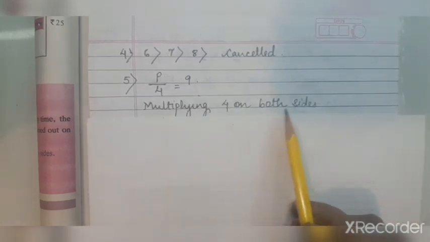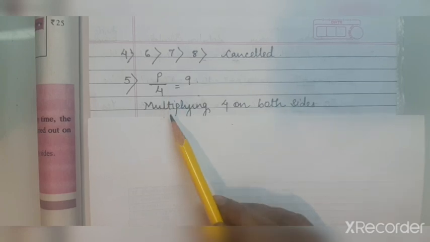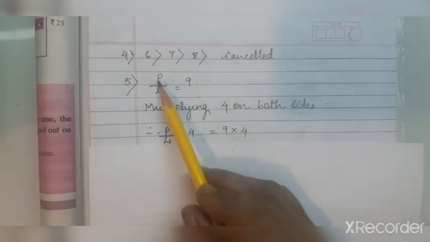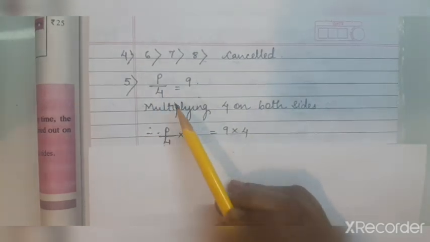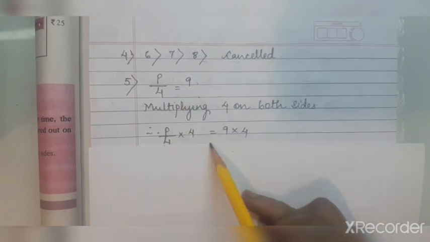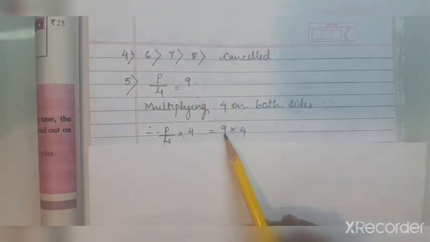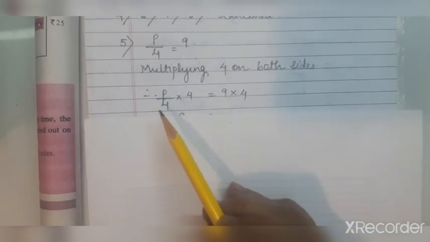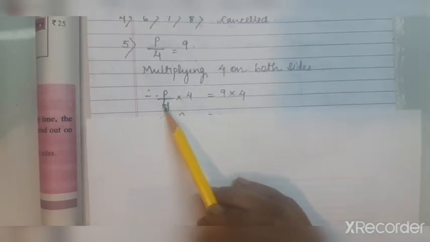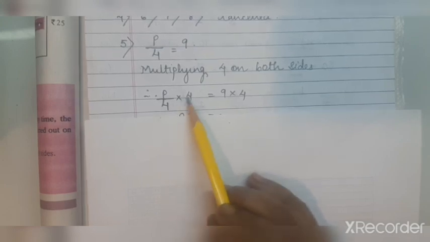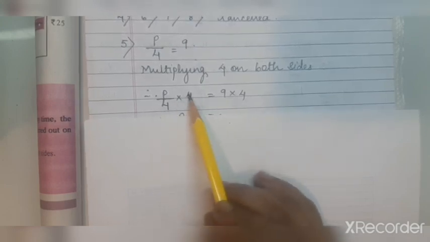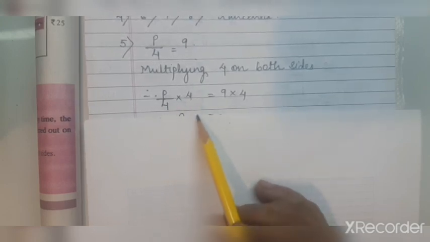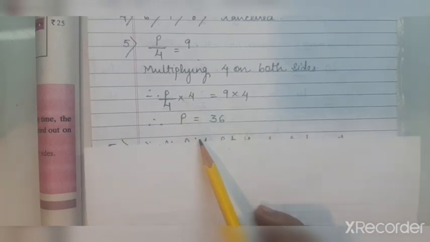When we multiply 4 on both the sides, how will we write it? First we write the left hand side, p upon 4, and then multiply by 4, equal to the right hand side and then multiply by 4. Now 4 is in the numerator and 4 is in the denominator, so we can cancel this. 4 ones are 4, 4 ones are 4.